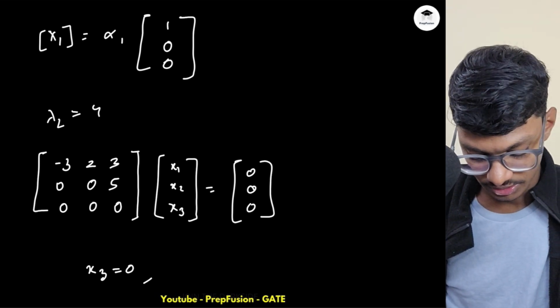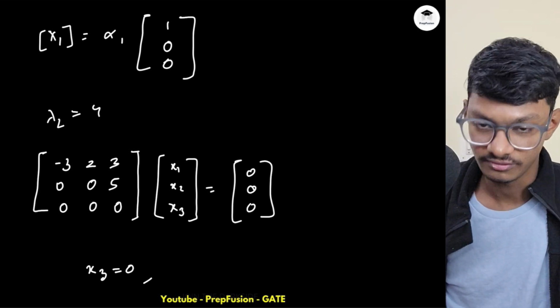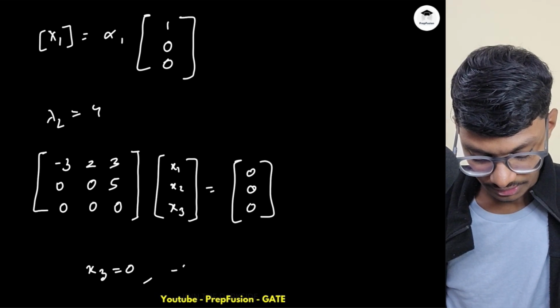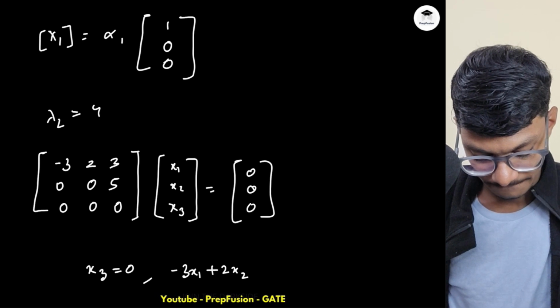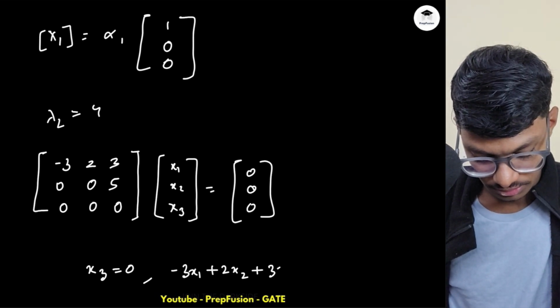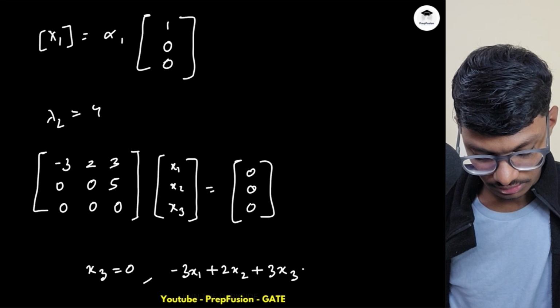Now what about x2? Let's solve the first row. If I solve the first row, this is minus 3x1 plus 2x2 plus 3x3 equals to 0.